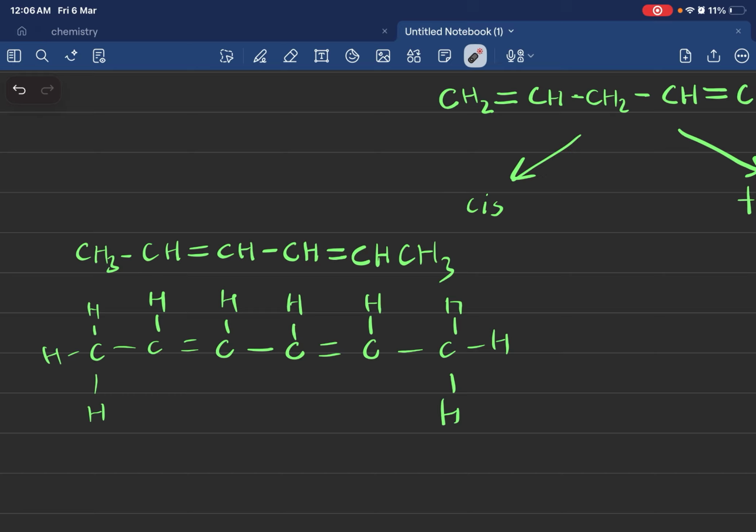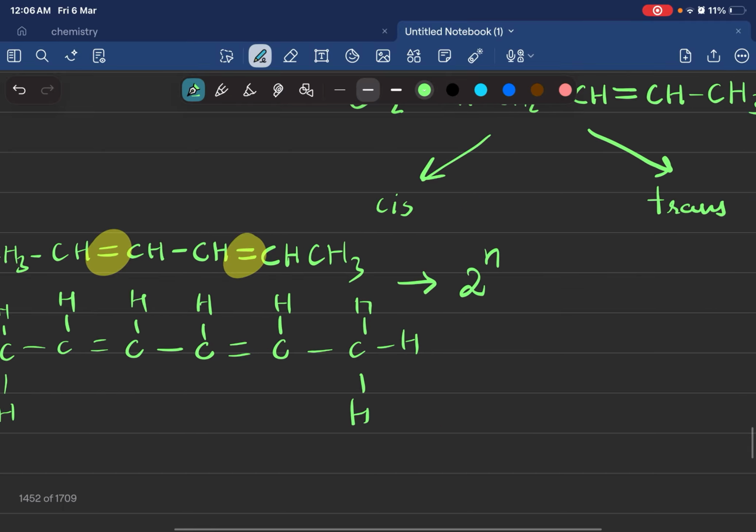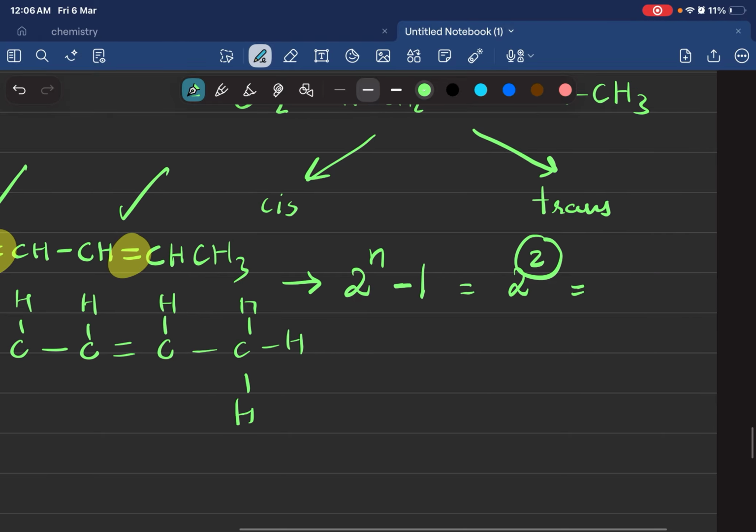cis trans. So the formula over here is going to be that we take the number of stereo centers. This is the first stereo center, this is the second stereo center. I know it's difficult, but it's fine. So 2 raised to power n, and then we minus 1 from it. 2 raised to power 2, 2 is the number of stereo centers, 1 stereo center, 2 stereo centers, equals 4, minus 1 equals 3.